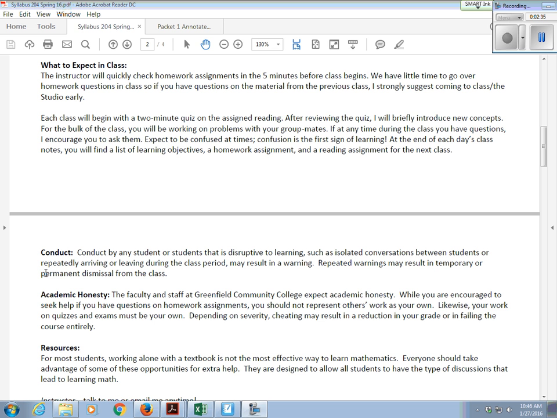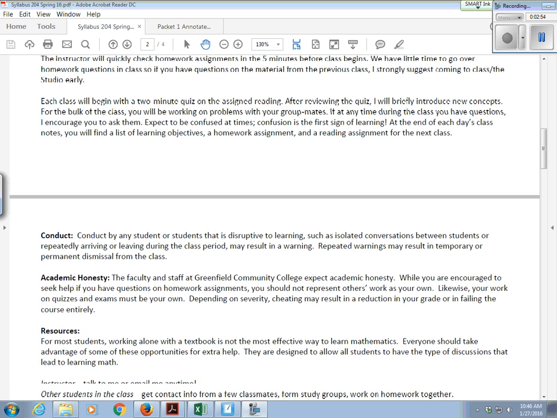And then the bulk of the class will be spent working on some problems that I created for you to practice, but not just practice, because I can't possibly tell you everything in 15 to 20 minutes. So it's really going to develop all the rest of the stuff that was in the reading. And then at the end of each class notes, you'll find learning objectives, a homework assignment, and a reading assignment.